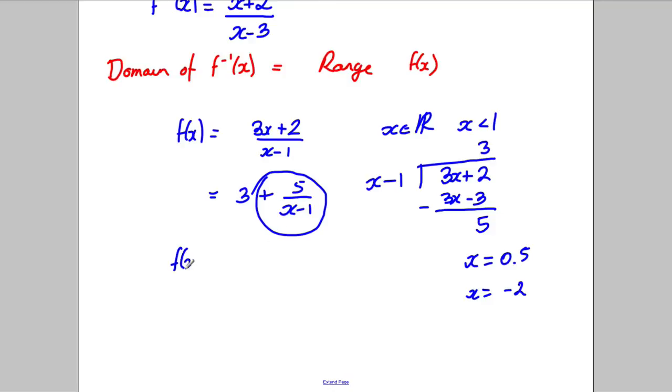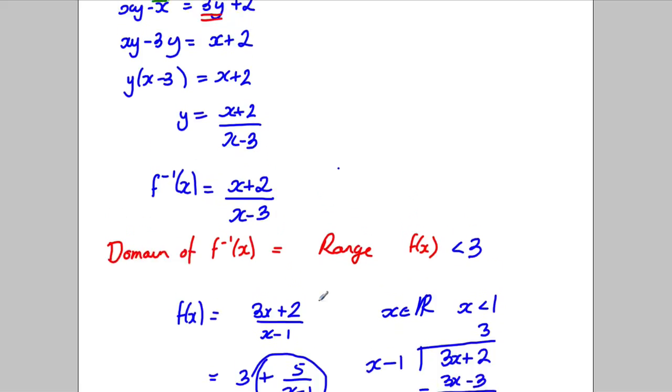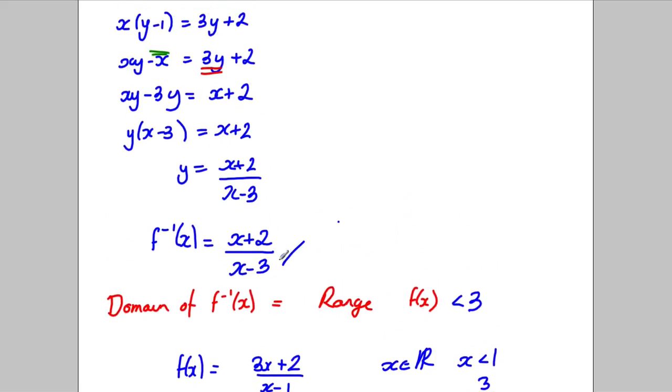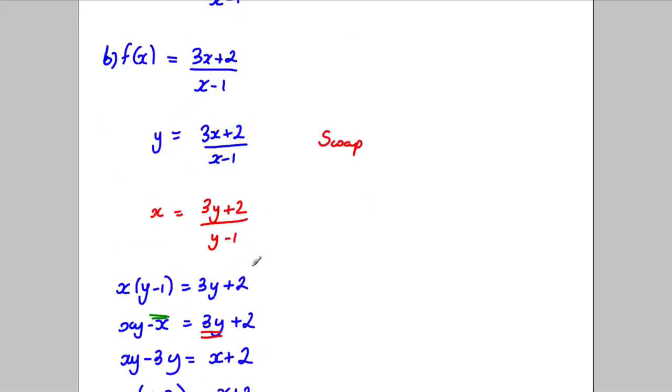So f of x would always be less than 3. So the range of the original function is less than 3. Therefore, the domain of f to the minus 1 of x must be that x is less than 3. And you could also look at your original function and see that clearly x can't be 3 because otherwise the denominator would be 0. So this fits in with how the function looks.